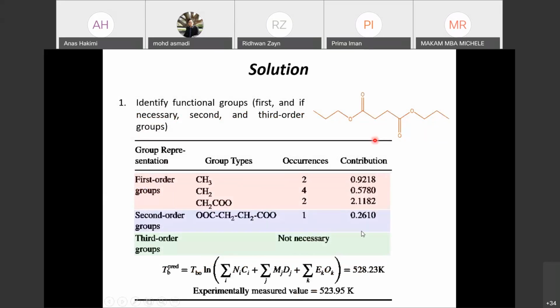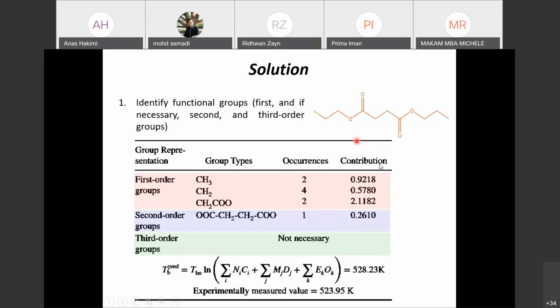Because the contribution I think is not really something we can put in the equation, only how many contributions of that group are in the molecule. Maybe you have to check in the journals how to get the contribution that are already uploaded.